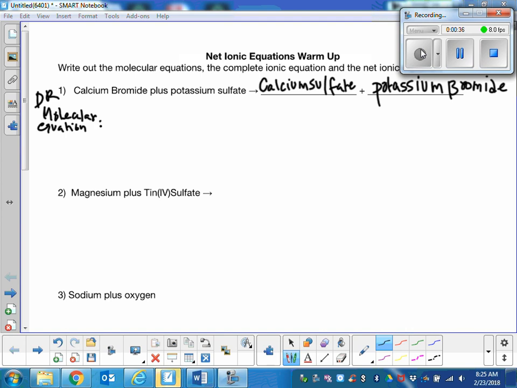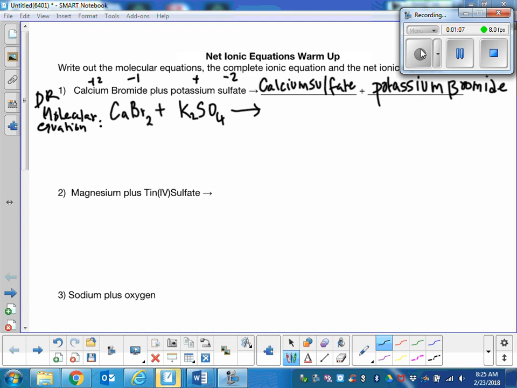And what is a molecular equation? So first off, I need to write the formula for calcium bromide. Is calcium a +2 and bromide a -1? Is that correct? So the formula will be CaBr2 plus, correct? Potassium is a +1, sulfate is a -2, it's K2SO4, correct?